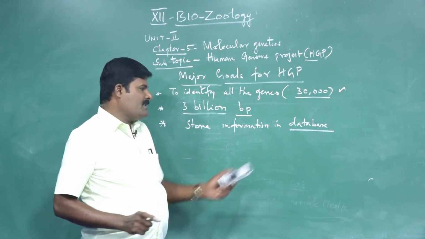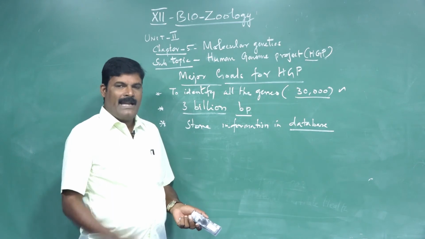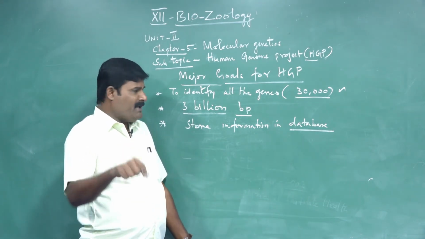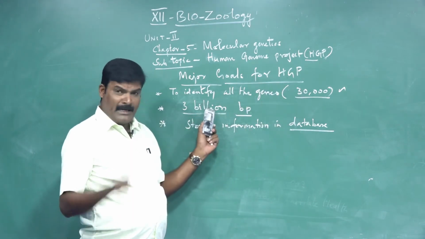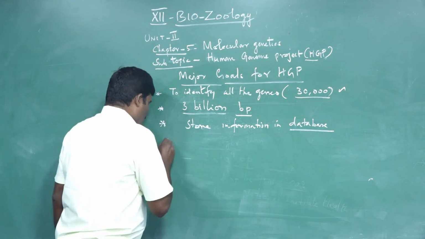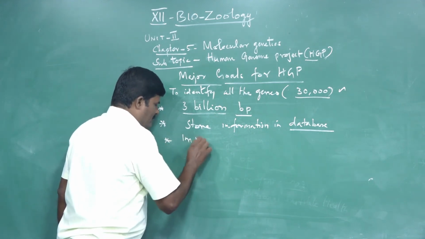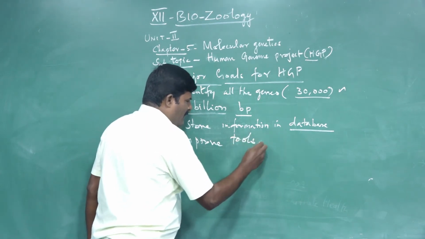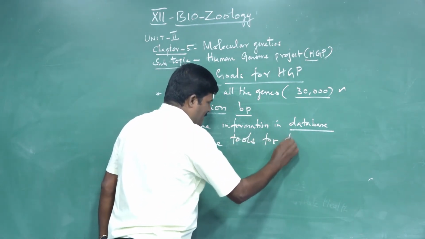Which information? 30,000 genes and 3 billion base pairs are some of the information in databases. Another goal is improved tools for data analysis.